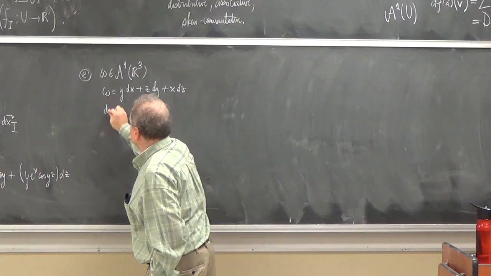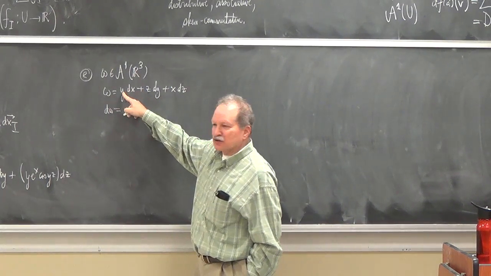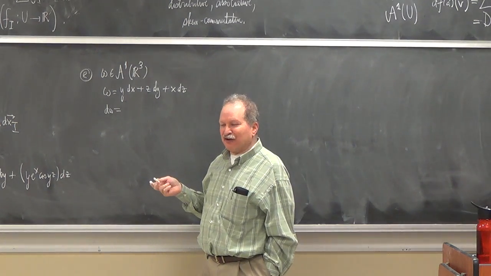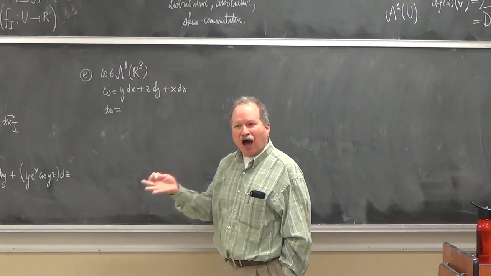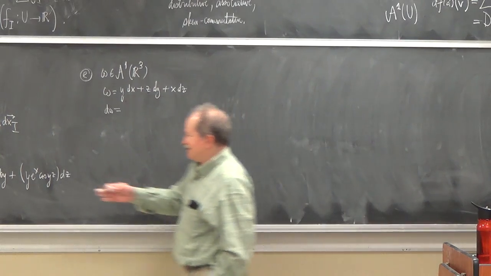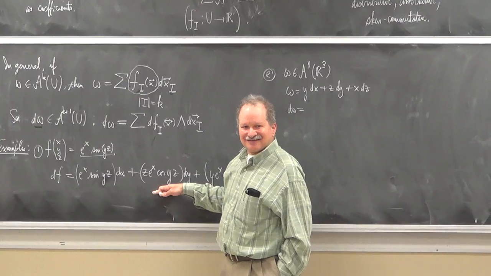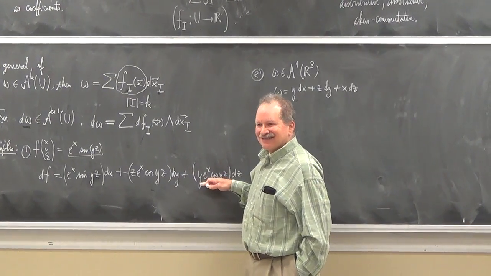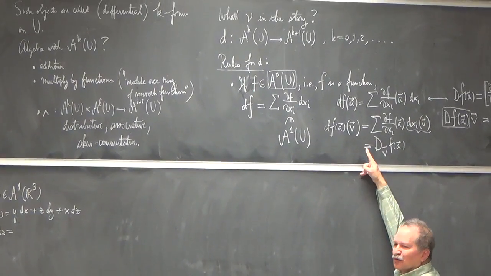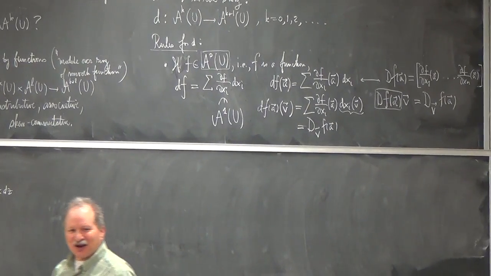How do I take d of it? Take the coefficient function here, which is y, and I take d of it. Well, officially, how do you take d of y? You do the partial of it with respect to x, which is 0. For y, you just get 1 times dy. So if you follow this rule for taking d of a function, what does it give you back? It gives you back just dy, which is what you would have thought it was.